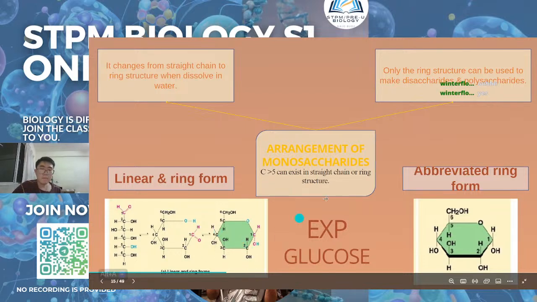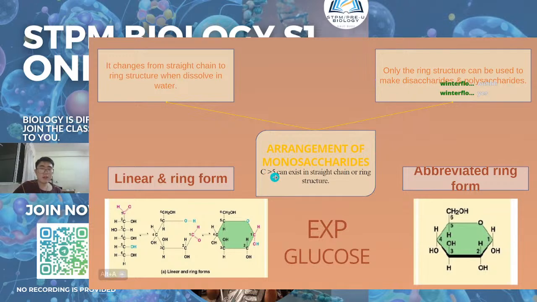For arrangement of monosaccharide, if the carbon is more than 5, it can exist in straight chain form or in ring structure. But normally we use ring structure. It changes from straight chain to ring structure when dissolved in water.